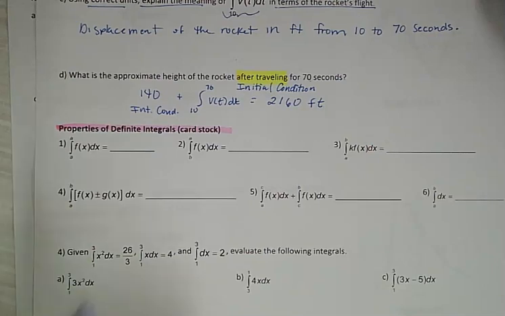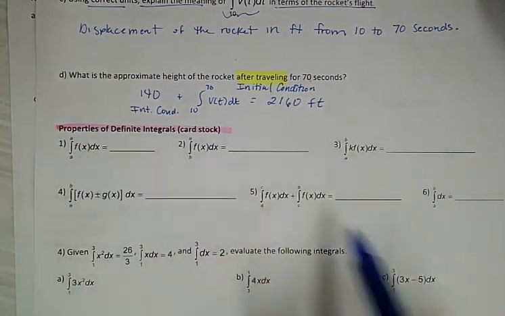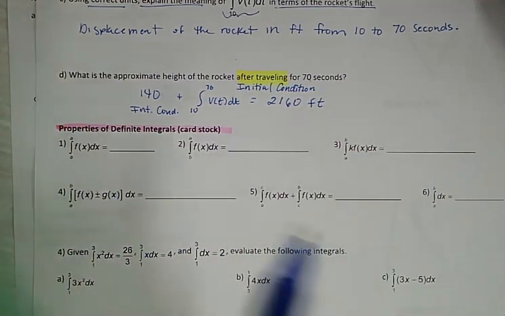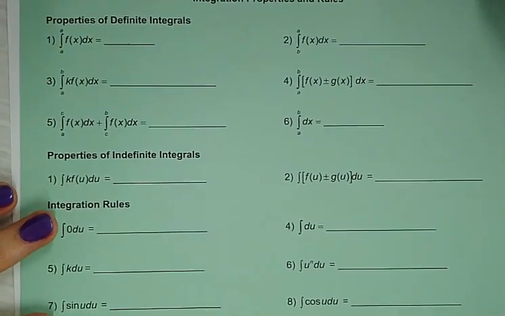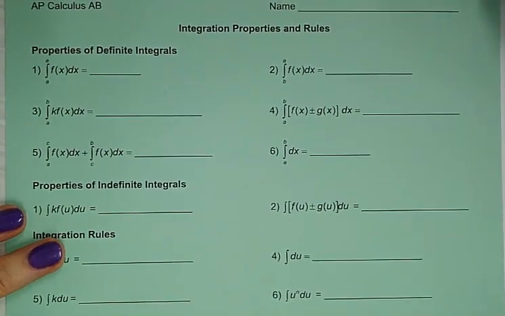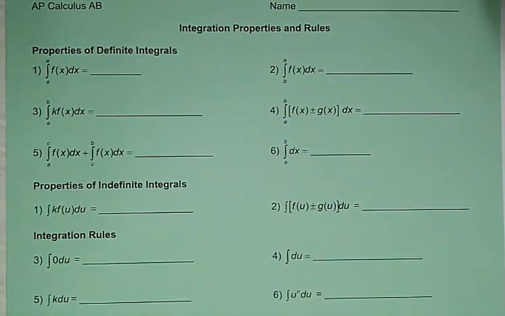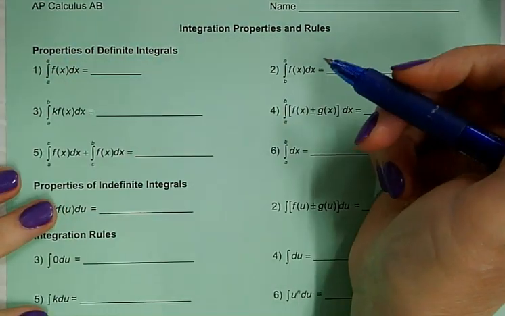Okay, so right now go ahead and get out your green cardstock, and if you want to have these handy to look at, that's fine, but we're going to add all of these rules to our cardstock, and since we're dealing with properties of definite integrals, we're going to be looking at this top section. All right, so these are some rules to learn.